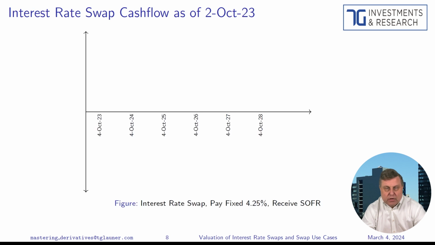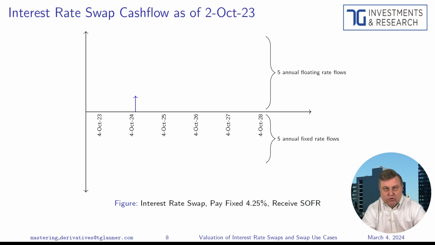We illustrate swap cash flows for a transaction as of October 2nd, 2023. Here you see annual timestamps along a horizontal timeline with our spot date being October 4th, 2 days from now. Subsequent years are marked out until 2028. We observe 5 annual fixed rate flows below the timeline and 5 floating rate flows above this timeline. The first floating rate period begins at our spot date and extends 1 year forward.